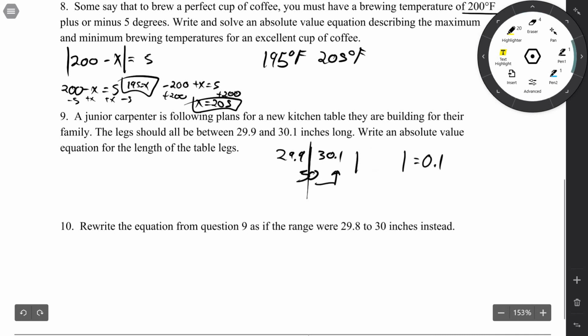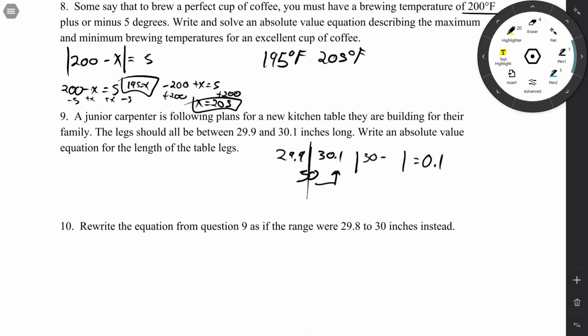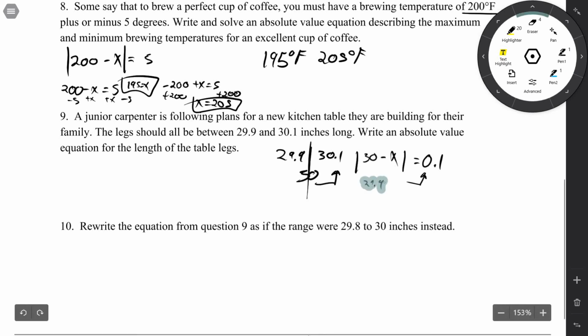If we do 30, right where we start, minus x, and the minus is important because we're looking for a difference between the two, that would be exactly what we're looking for. Then x can equal either 29.9, which would give us 0.1, matching right there, or 30.1, which would give us negative 0.1, and that matches up as well.